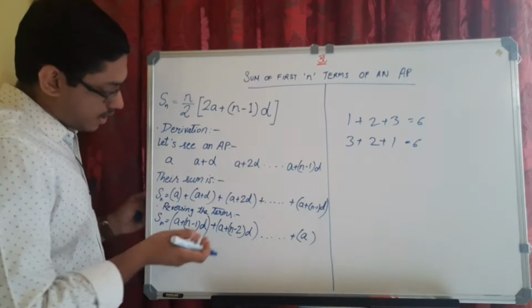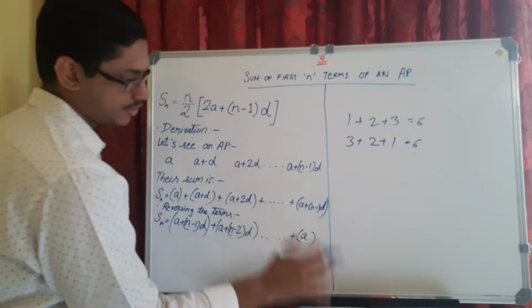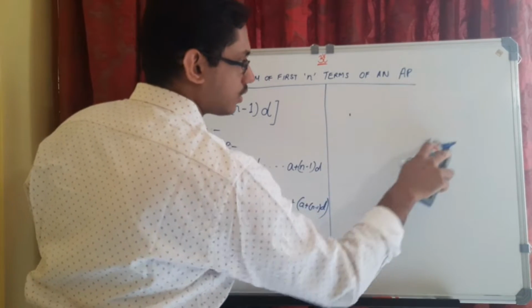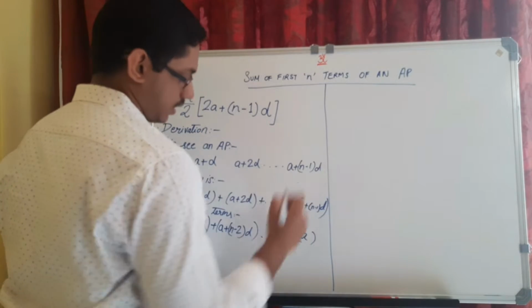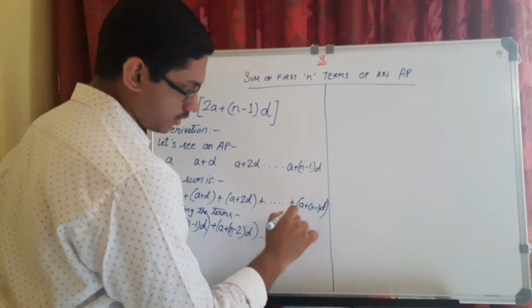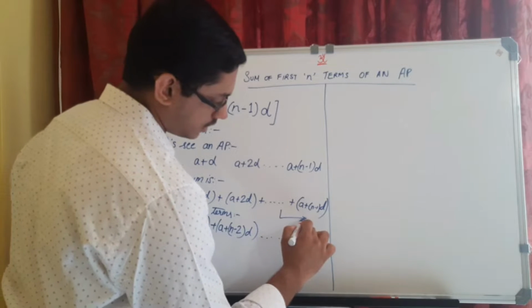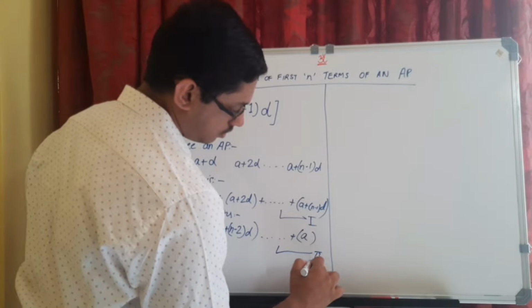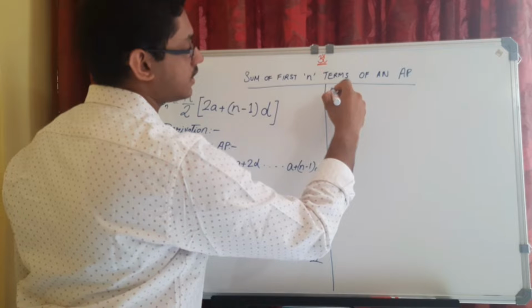Okay, now we will add this. Now the addition I will show it here. See what is the addition. Remember one thing, we have to number these equations. Every time number the equations. This is 1, this is 2. Let's add this.